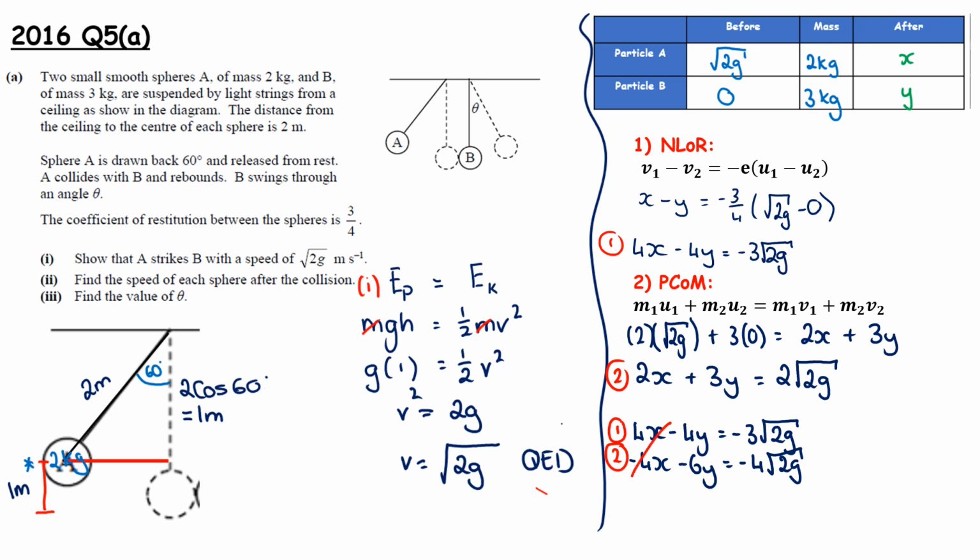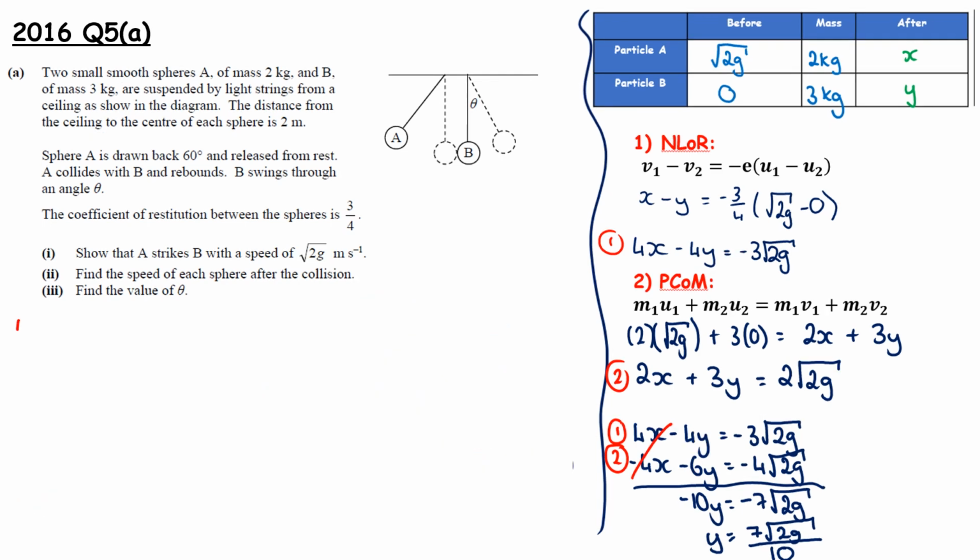That allows my x's to eliminate. I get minus 10y is equal to minus 7 root 2g. So y is equal to 7 root 2g all over 10.